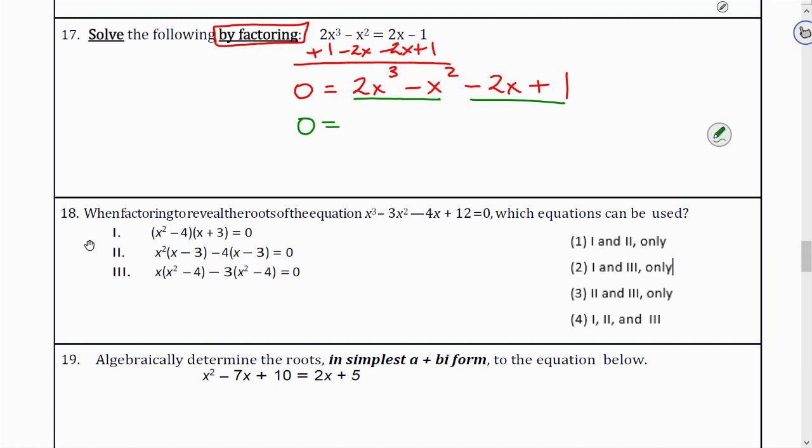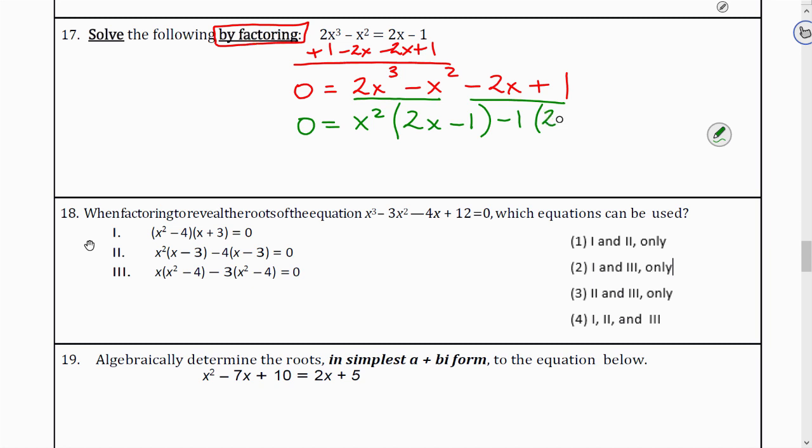In these two terms, the GCF is x squared, and what I'm left with is 2x minus 1. Now in the next pair, I want to have a 2x minus 1 left if that's possible. I'm going to factor out a minus 1, and then I'll have left, let's see here, -1 times what is -2x? The answer is 2x.